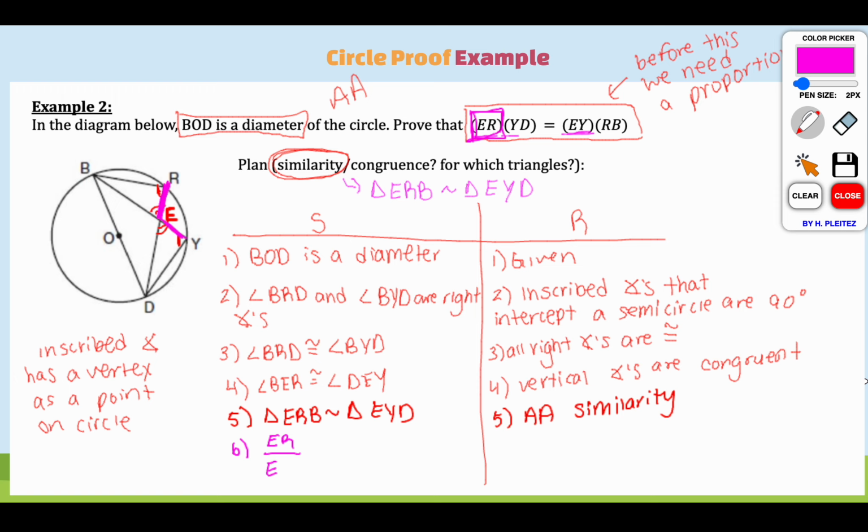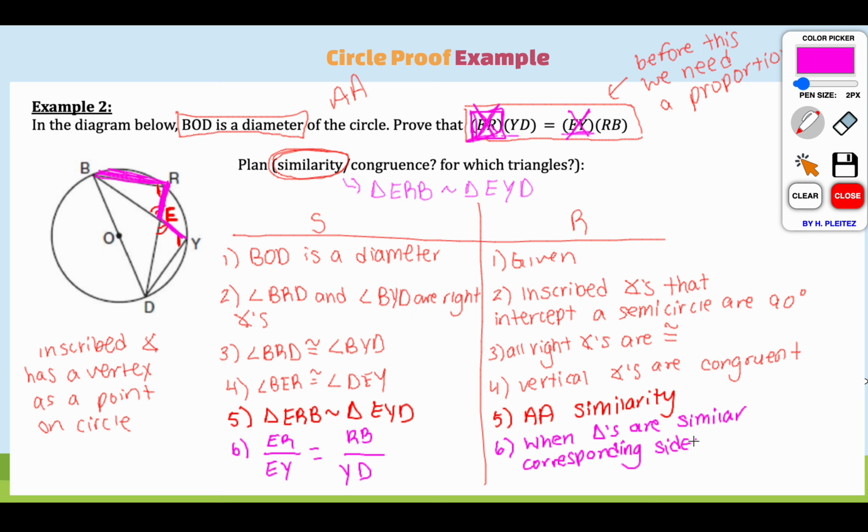So ER over EY, which we already used, equals RB, which is here, over its corresponding side of YD, right? And your reason is when triangles are similar, corresponding sides are proportional.